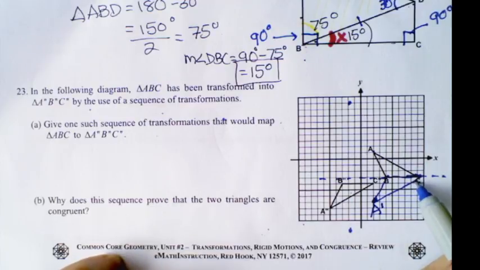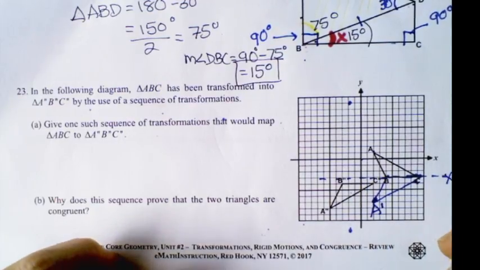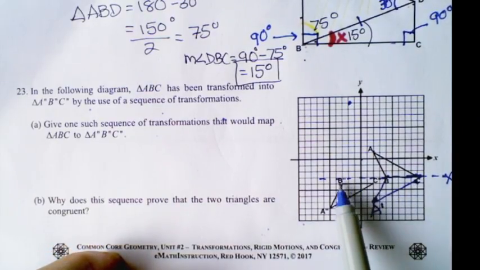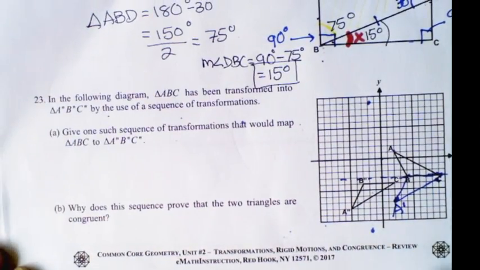So what I've done first is I reflected over the line x equals -3. And now I need to slide it over here to the left. And it looks like I have to slide it down one time. So this is my way of doing it. You might say other things.